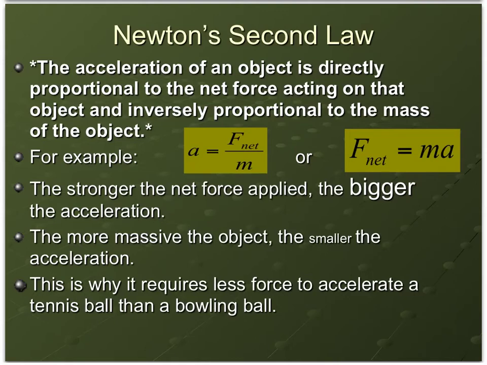It would take less force to accelerate a tennis ball, pushing it around the room with a broom, rather than a bowling ball, because the bowling ball obviously has more mass and therefore more inertia. Real world example that you've probably experienced while you're driving, if you've ever been sitting at a red light next to a Mack truck. It takes a lot more force for that Mack truck to get accelerated the same speed that your smaller car or SUV is in.